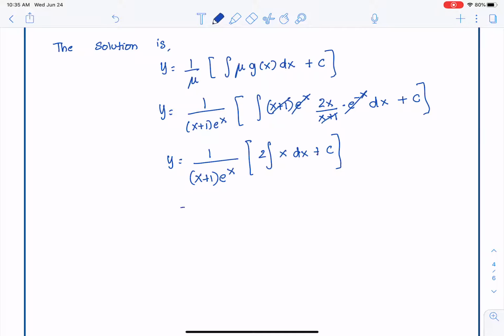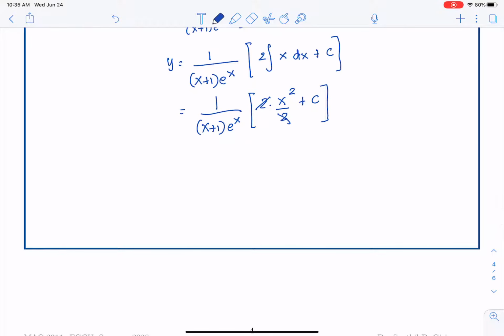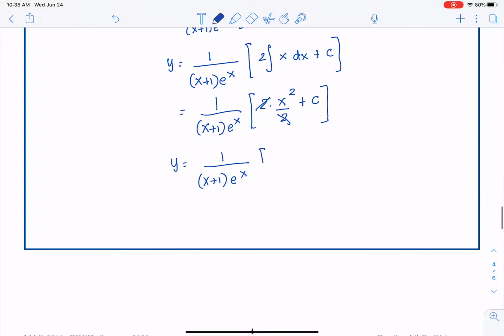And we all know the integral of x is simply x squared over 2. The 2's would get cancelled and we would simply have the solution to be y equals 1 over (x plus 1) times e raised x multiplied by (x squared plus c).